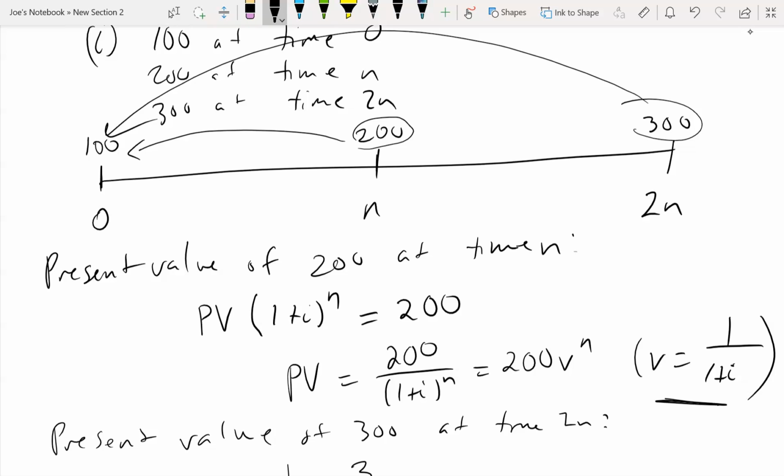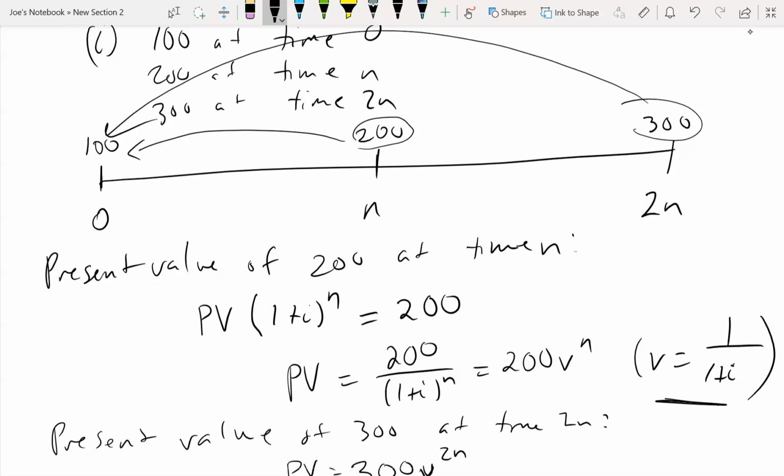Yeah, 300 v to the 2n. Same principle, right? Hopefully it's obvious what the present value of 100 at time 0 is. It's going to be the 100, right?